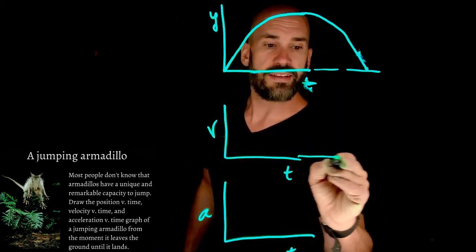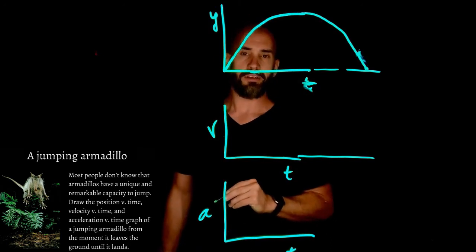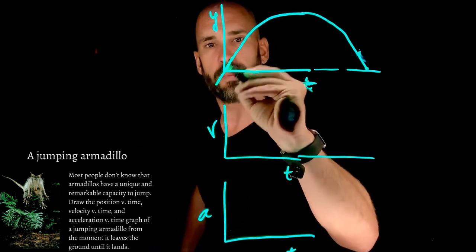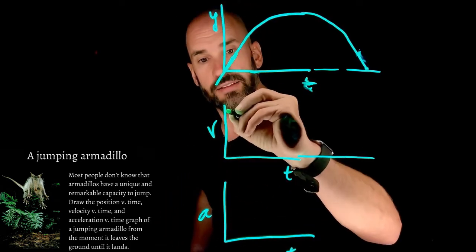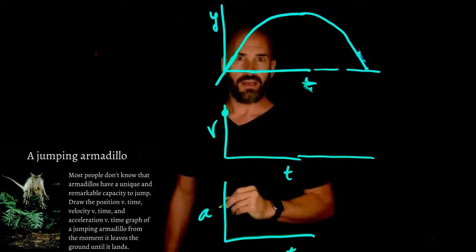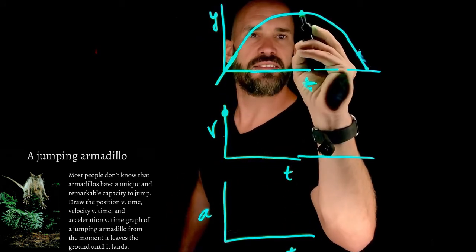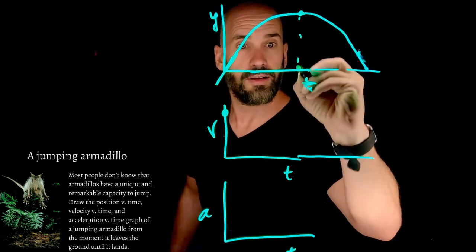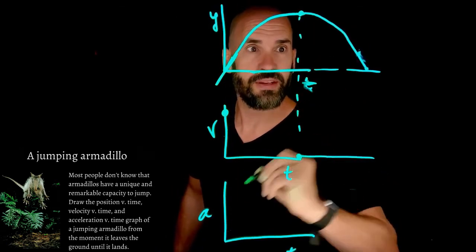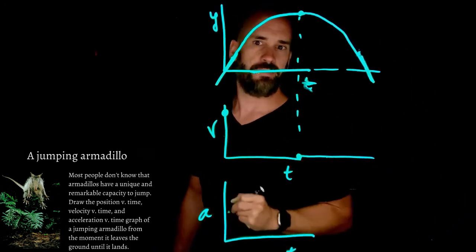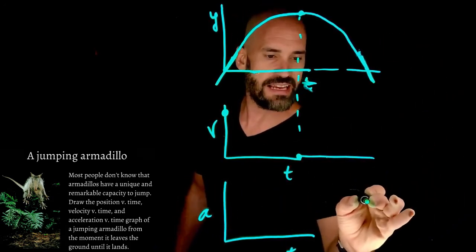So what is the velocity versus time graph going to look like? Okay. So here's what we know. Here, the slope is biggest, so here, the velocity should be biggest. Next, we know here the velocity is 0, so here, velocity should be 0. And then here, the velocity is the biggest negative, so here, you're going to have a negative velocity.